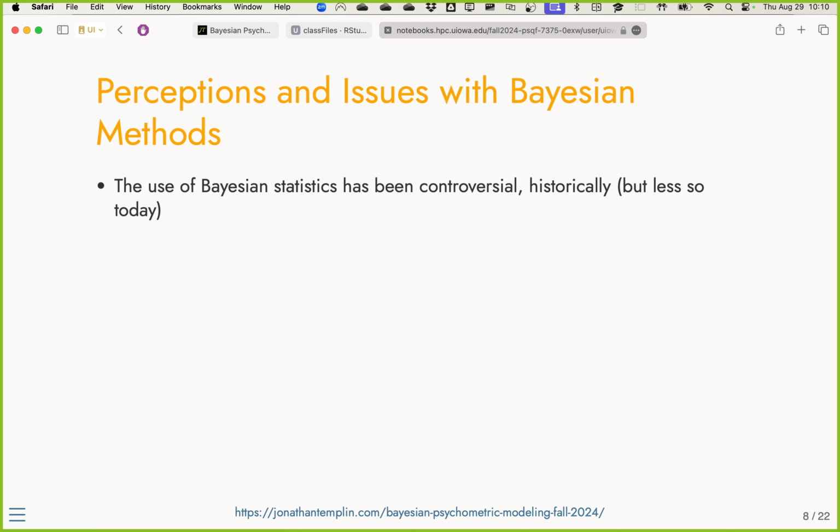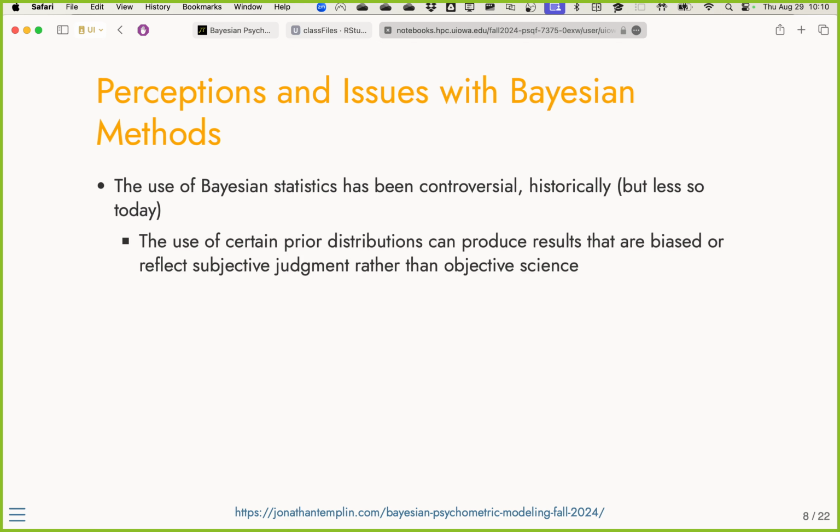So there are some issues with Bayes, though. The use of Bayesian statistics historically has been controversial. But I would say you are reaching it at a time where it is almost not controversial at all. In fact, it's almost becoming a standard matter of practice. The controversy came from the use of subjective judgment, right? We talked about that in our early discussion about what Bayes means.